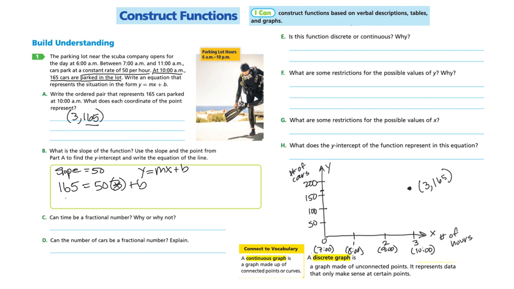So if we multiply, we have 165 equals 150 plus b. And then I can subtract 150 from both sides of the equal sign, this cancels, and I end up with 15 equals b. And so now I can substitute what I know.